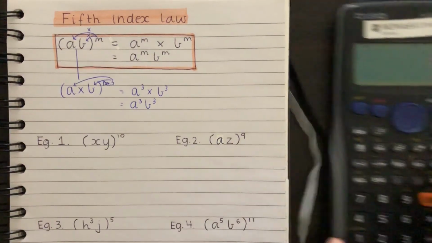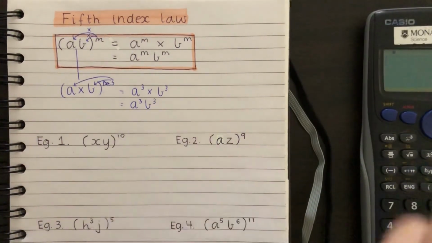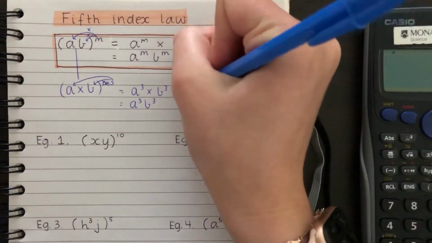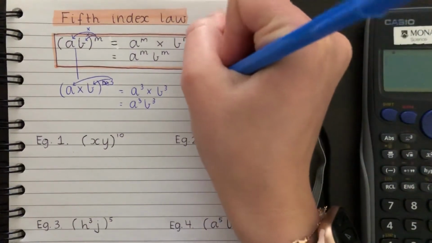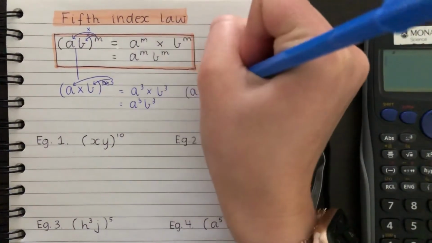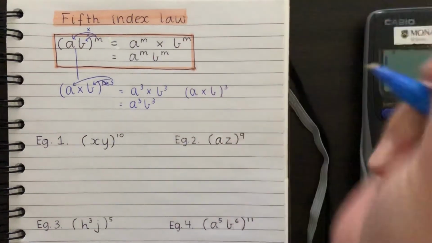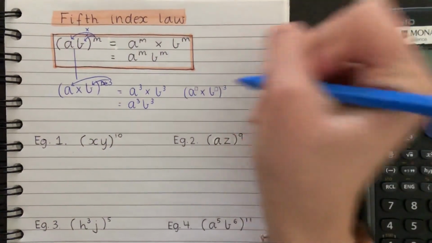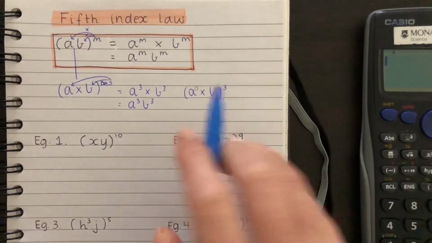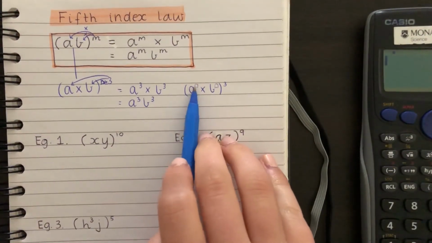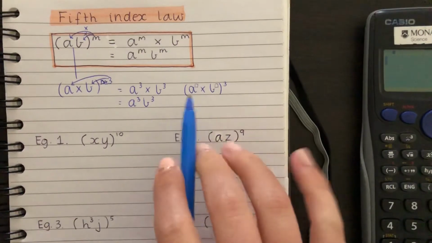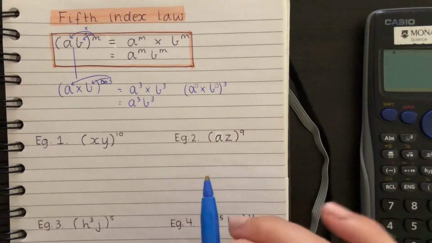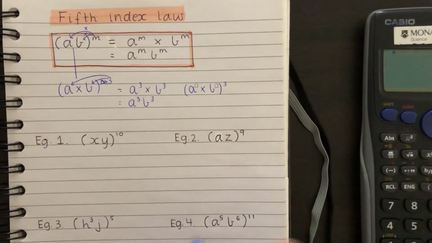Okay, and the reason why we can do this is because, remember, when there are no numbers written as powers on a letter or a number, there's an imaginary number 1.